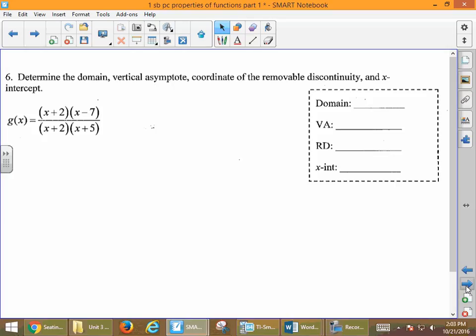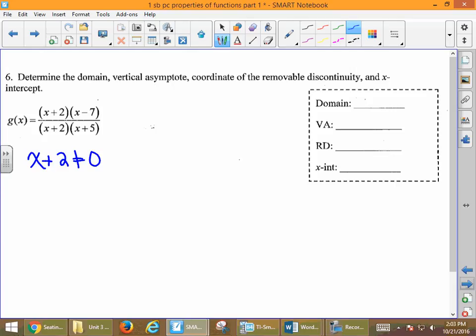So first of all, let's start with the domain. And again, the domain is determined by the denominator. What we've got here is that x plus 2 can't equal 0, and x plus 5 can't equal 0. Our denominator is not allowed to be equal to 0.